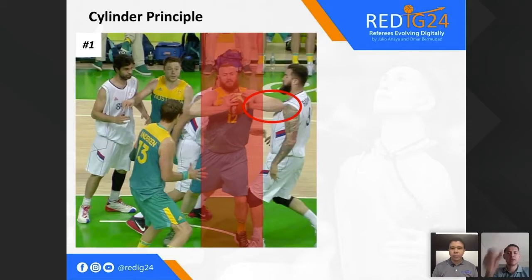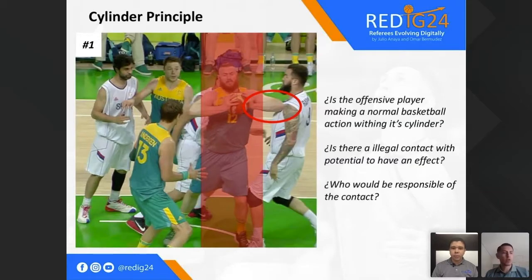The cylinder is based on the court, and the circle points to the elbow where the contact is created. So the question now is, is the offensive player making a normal basketball action within his cylinder? The answer is no.